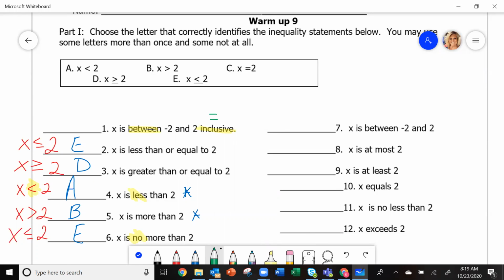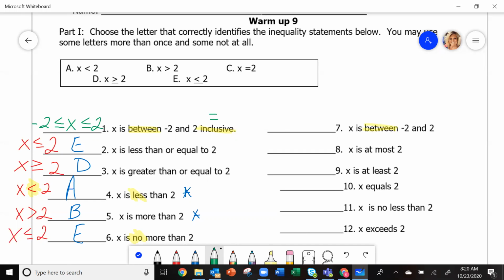What this is supposed to say is, X is between, so you're going to take the small number, X is in between the small and the large number. When it's inclusive, we're going to go less than or equal to, less than or equal to. So I guess I need to fix this warm-up because it needs to have that answer choice on there and it's missing.